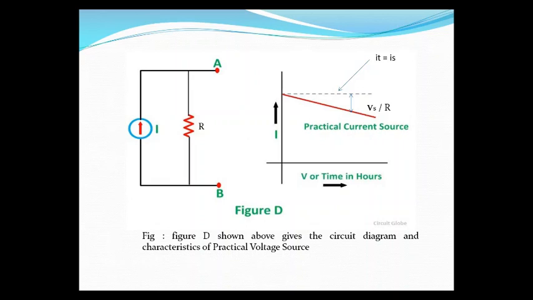So if it is nearer to an ideal or good current source, it should have high internal impedance. For voltage source, the internal impedance should be 0 or nearer to 0. And for good current source, the internal impedance must be infinite or nearer to infinite, means it should have very high internal impedance.